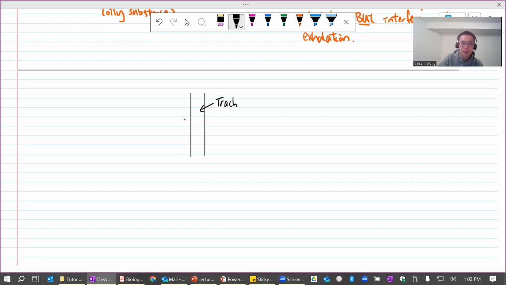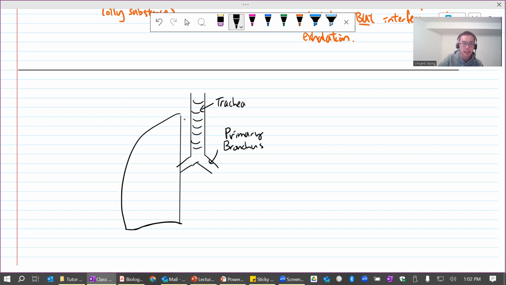If you want, you can put some rings on it, and then it will split, right? Into the left and right primary or main bronchus. And then it will continue to branch inside the lungs. So we know that already. That's not the focus of this diagram. Okay, so here we're gonna draw the lungs.